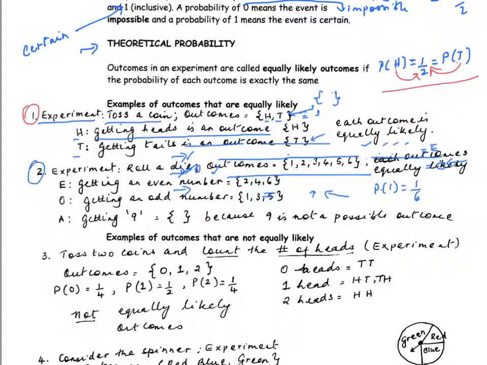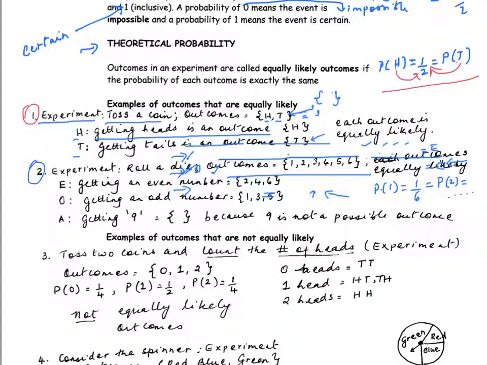So the probability of getting a 1 is equal to 1/6, which is the same as the probability of getting a 2, which is the same as the probability of getting a 3, etc. So they're all equally likely, and these are called equally likely outcomes. So experiments 1 and 2 are experiments with equally likely outcomes.